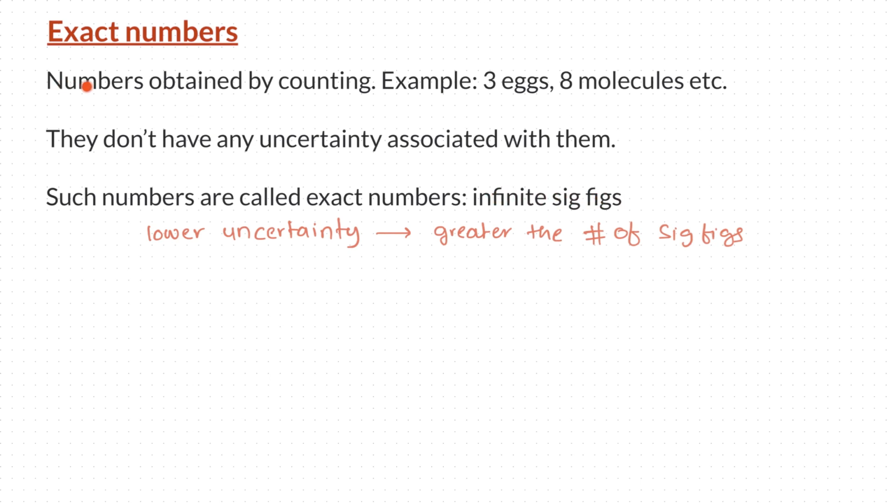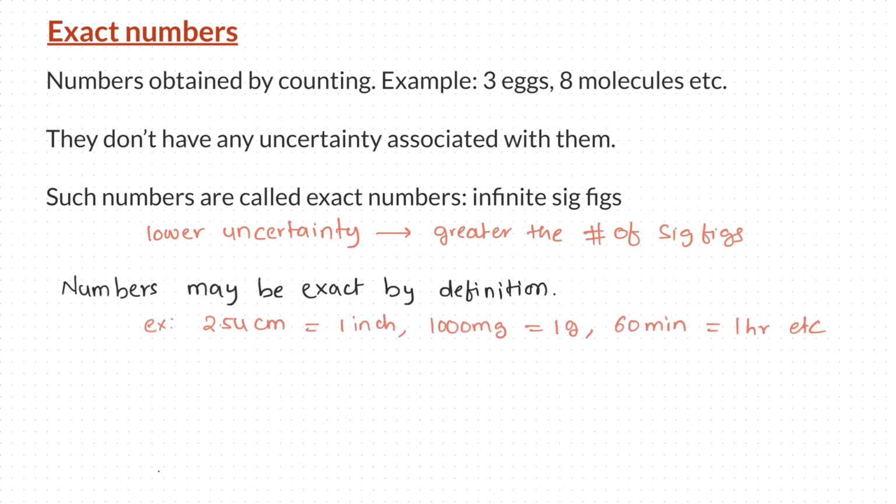Numbers may be exact by counting, that is 8 molecules, 3 eggs, and so on, or numbers may be exact by definition, that is 2.54 centimeter is equal to 1 inch, or 1000 milligrams is equal to 1 gram, or 60 minutes in 1 hour.